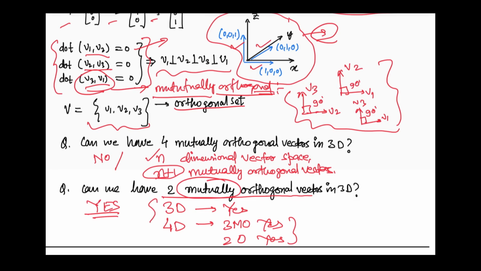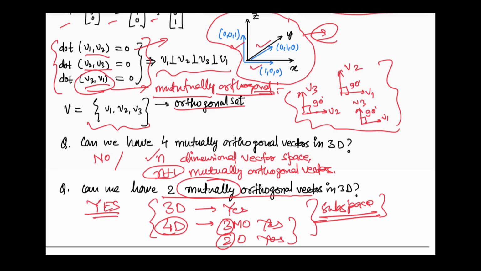A 4D space can have a set of orthogonal vectors with three vector elements or two vector elements, and they will represent a vector subspace lying within the space in which they exist.